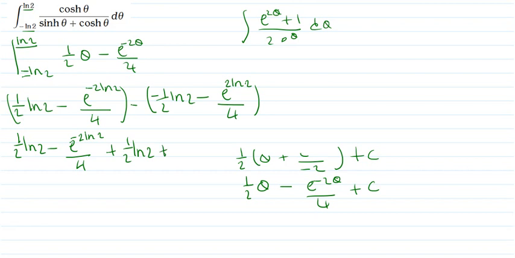It will be plus e^(2 ln 2) over 4. Simplifying this, we are going to have 1 over 2 natural log of 2 plus 1 over 2 natural log of 2 giving us natural log of 2. Then minus e^(-2 ln 2) over 4 plus e^(2 ln 2) over 4.